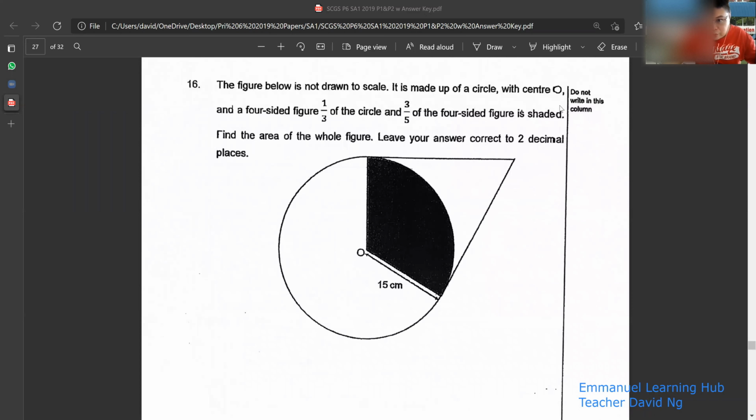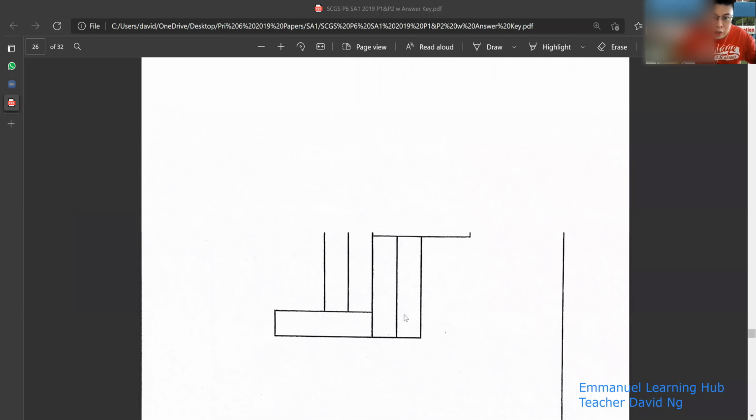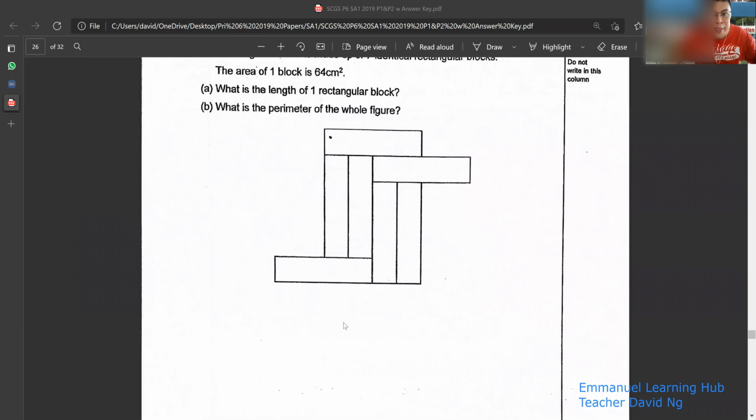That means you're getting better. This kind of question you can do. Like question 16 you could do, question 15 you could do. That means your maths is improving. That's a good thing.